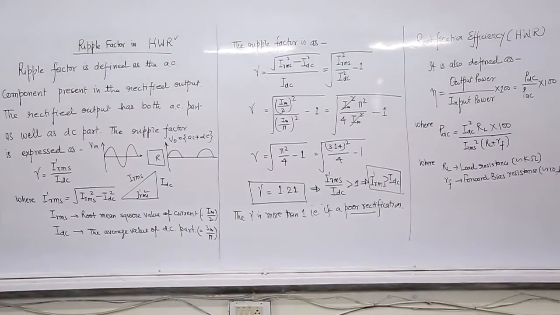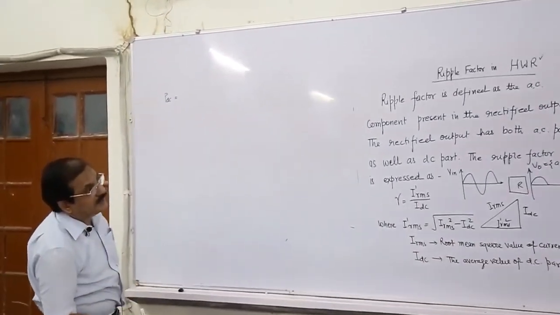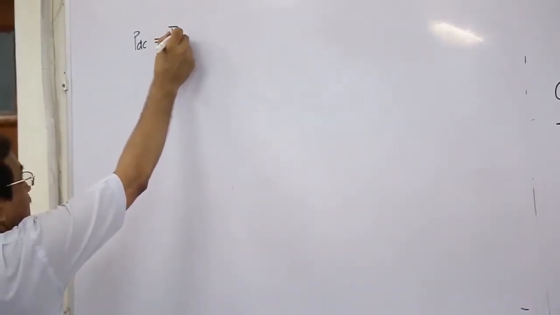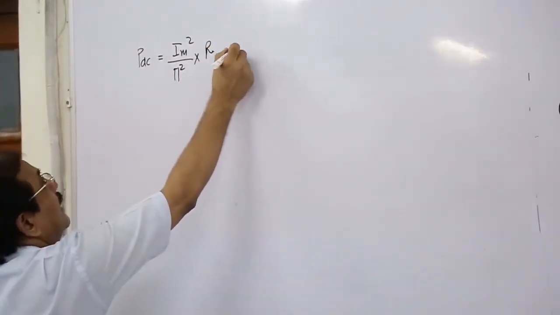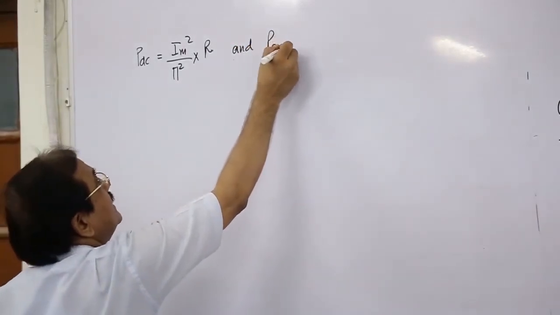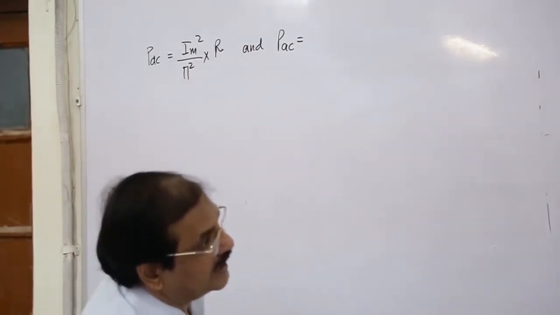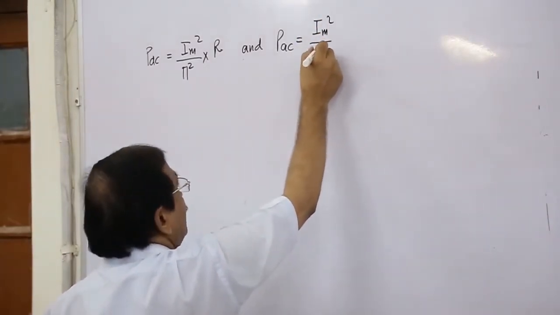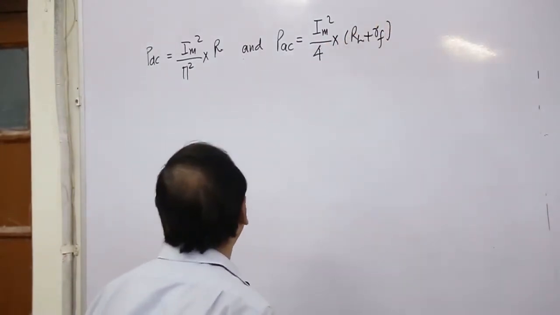So, this value, that is PDC, is equal to I square DC. I square DC means Im square over pi square into RL, and PAC is equal to IRMS square. This IRMS square is nothing but Im square by 4 into RL plus RF.